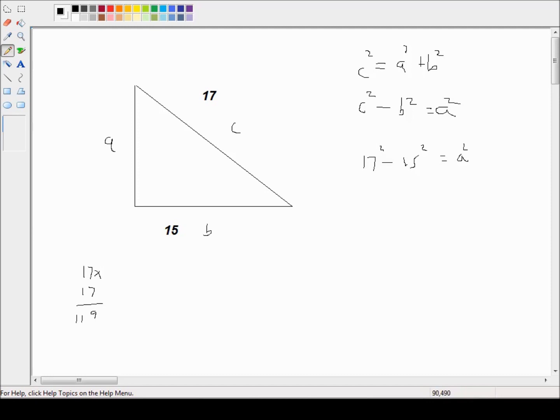And so 17 times 10 is 170. So 9 plus 0 is 9, 1 plus 7 is 8, and 1 plus 1 is 2. So 17 squared is 289.